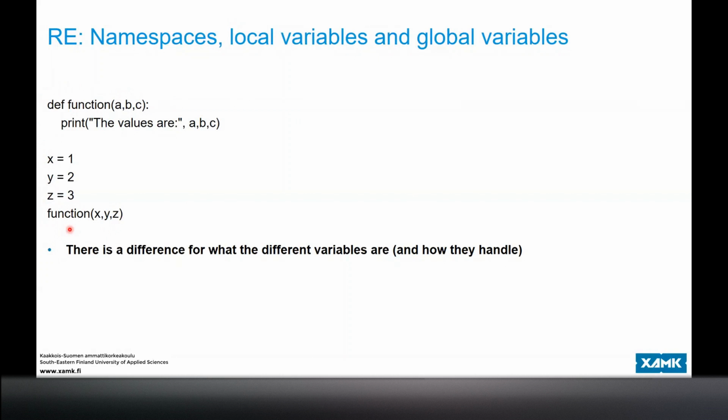So depending on where we are reading in this code, is it within this function definition, or is it these variable declarations here, or this function call here? There's a difference in what the role of these different variables are, and how they handle themselves. That's basically what's going on here. So this all has to do with namespaces and local variables and global variables.